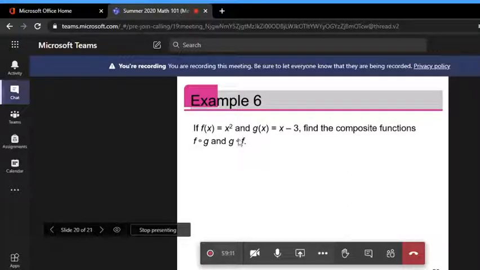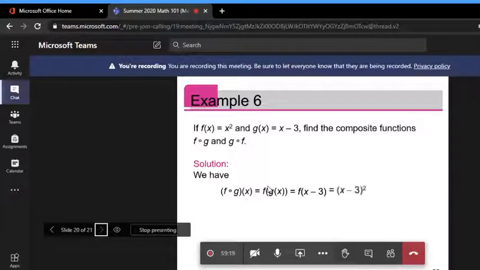So f compose g is going to be, okay, let's see it. f compose g is going to be x minus 3 squared. On the other hand, g compose f is going to be x squared minus 3. So these are two different results. So when you compose in different orders, you may get different answers.